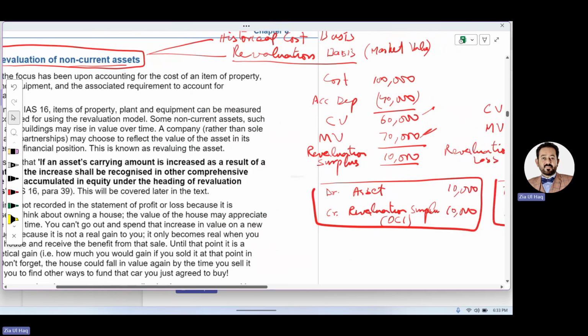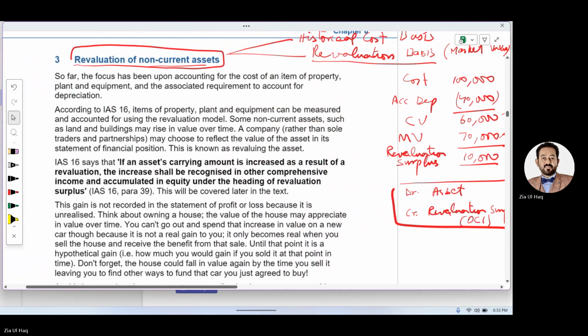So let's discuss. We need to read this. So far, the focus has been upon accounting for the cost of an item of property, plant, and equipment and the associated requirement to account for depreciation. According to IAS 16, items of property, plant, and equipment can be measured and accounted for using the revaluation model.